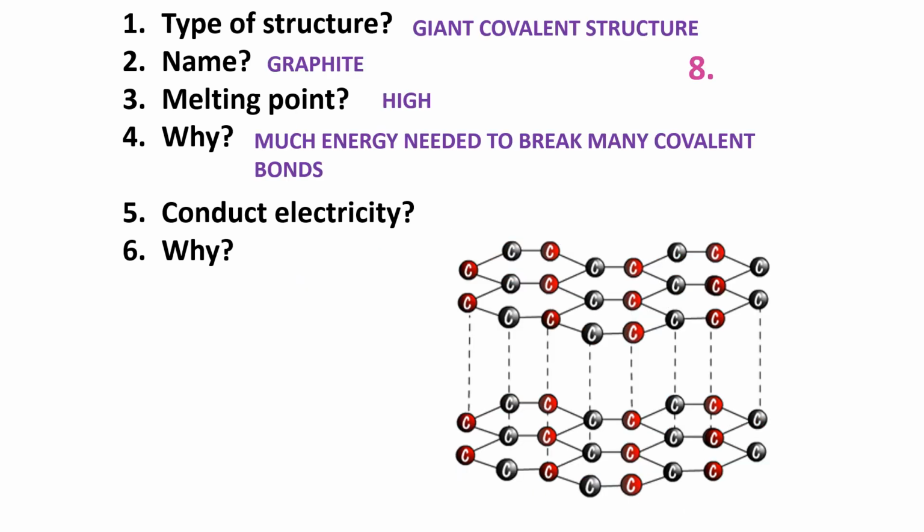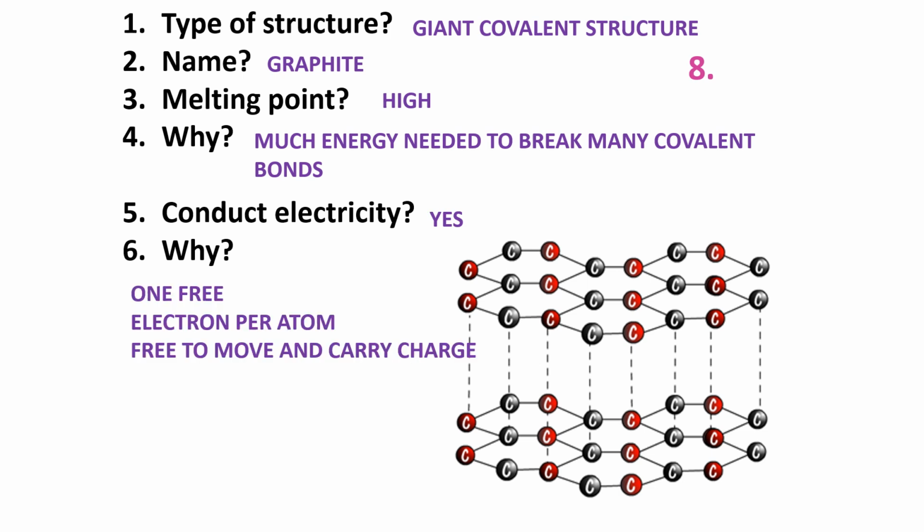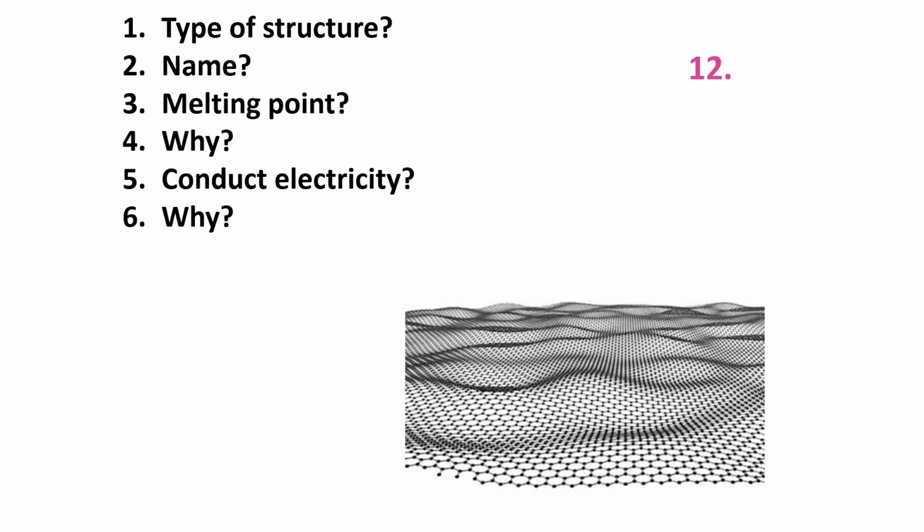Click through those again. You can see that there are interlocking hexagons here for graphite, and you've got layers of interlocking hexagons. If you take one layer off the top of graphite, so you've literally got one layer of interlocking hexagons, we've got a giant covalent structure.